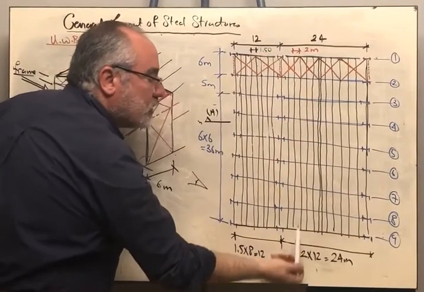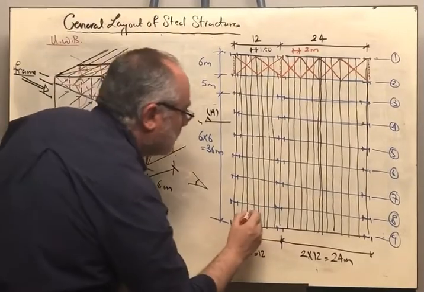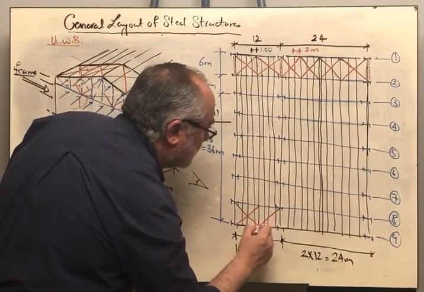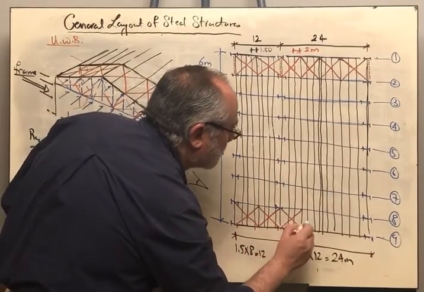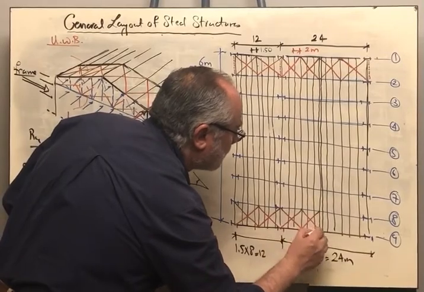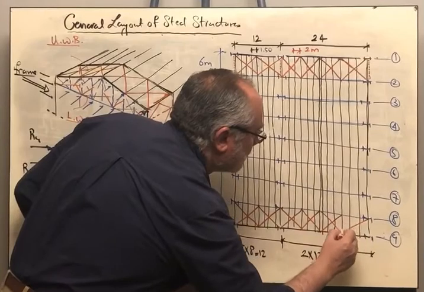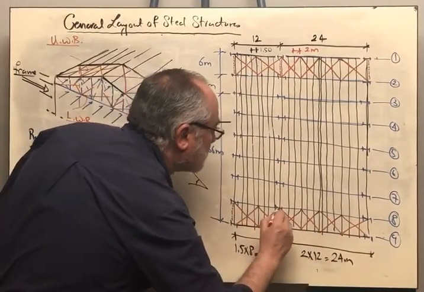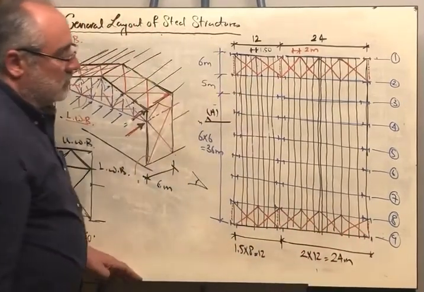What if you have wind applied in the other direction? Then you have to provide another bracing exactly identical. Exactly identical, like this. And I should indicate the vertical bracing and the vertical bracing and the vertical bracing.